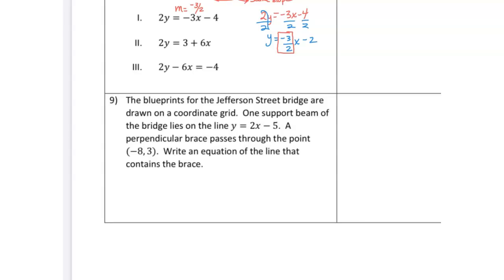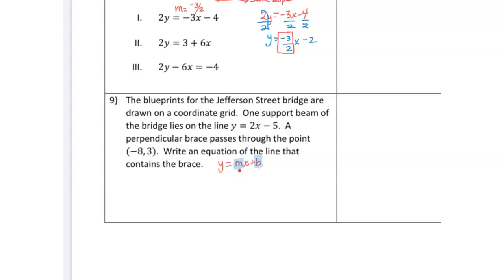So very first thing, noting that they want our equation, we're going to write a final equation in y equals mx plus b form. We'll need to fill in our slope, which is our m, as well as our b, which is our y-intercept. So those are two things that we'll need to find.